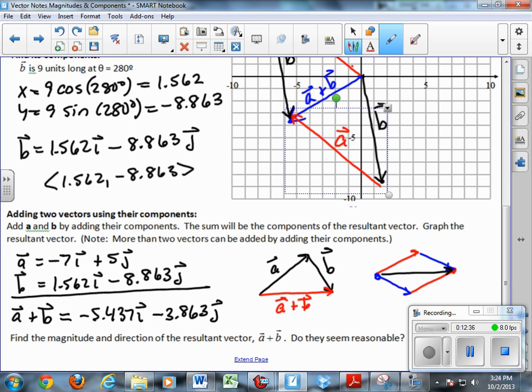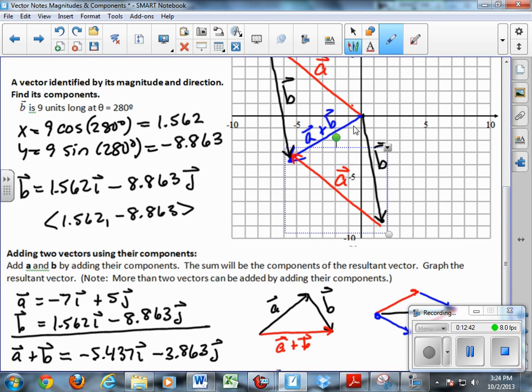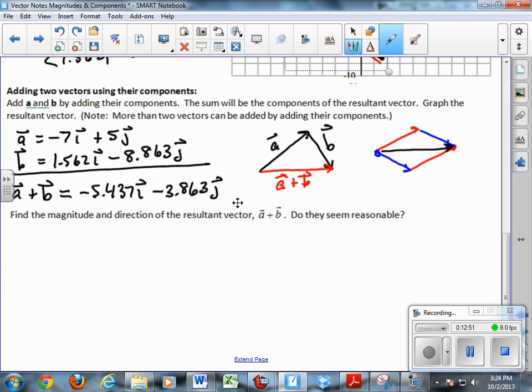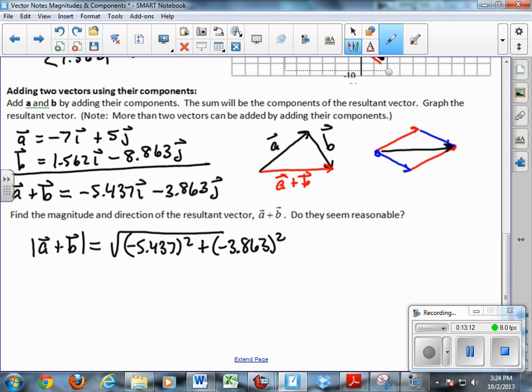Now, I can also go back just for a little additional practice and ask, what is the magnitude and direction of vector A plus B? So I know its components. Here it's two components. I can find its magnitude and direction now. The magnitude of the sum, vector A plus B, is the square root of the sum of its two components squared, negative 5.437 squared plus negative 3.863 squared, and its direction is inverse tangent of negative 3.863 divided by negative 5.437.